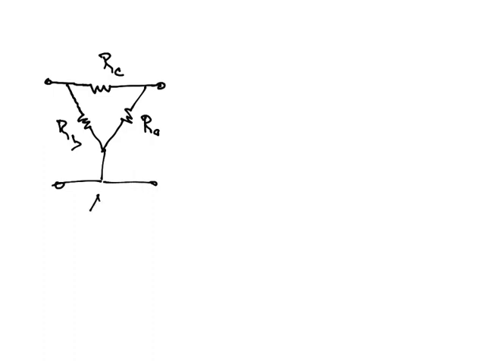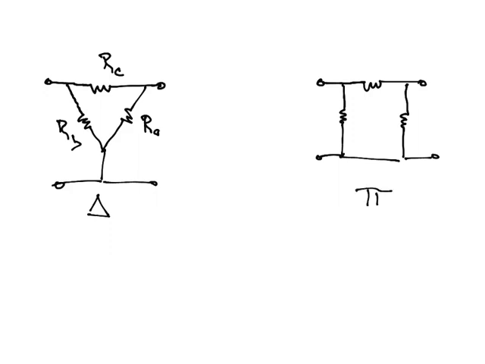We'll call this the delta connection because it looks like an upside down triangle. That's a delta in Greek. And of course we could also draw it like this. Instead of having them at diagonals, they're just connected like that. This is a pi connection. This is RC, RA, and RB.